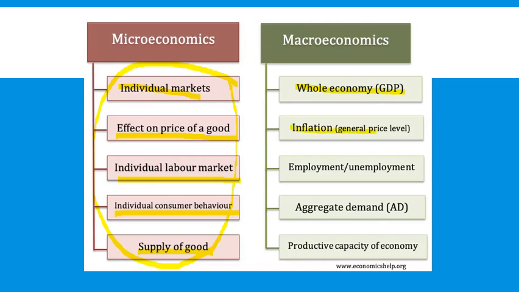Inflation, which was never seen in microeconomics, has been included under macroeconomics, because inflation affects the entire nation, the entire country's economic policies. Employment and unemployment are not the factor of just one company, they affect the entire nation. Aggregate demand is the total demand that the country produces, maybe for an agricultural produce or an industrial produce, or it could be anything.